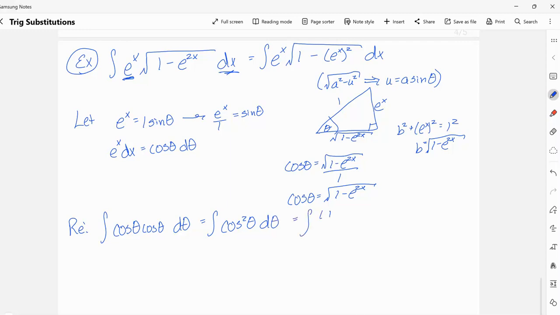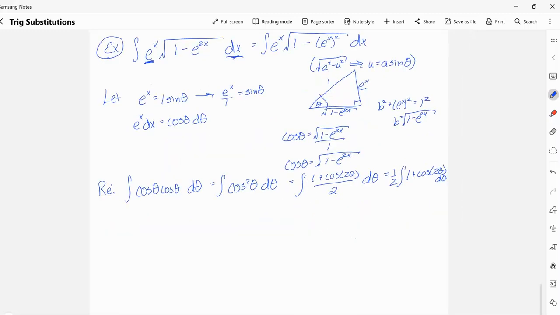Use a power reducing formula. Pull the 1/2 out. And then we're going to integrate. Integrating 1, we're going to get theta.